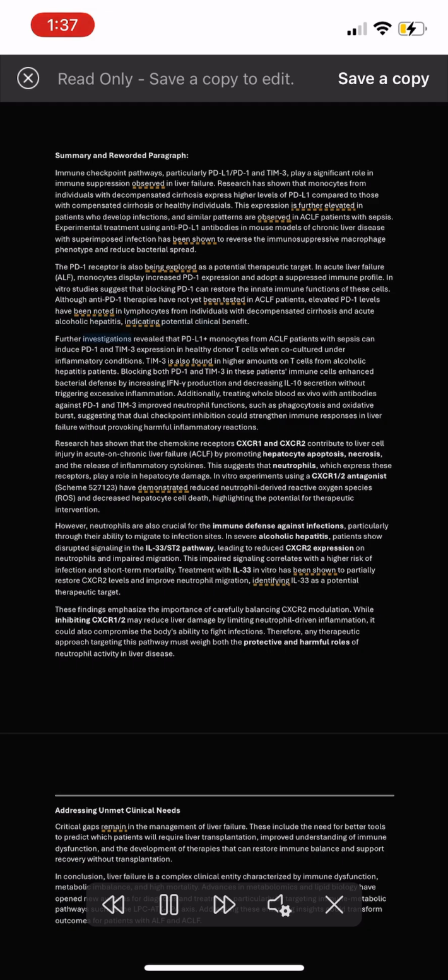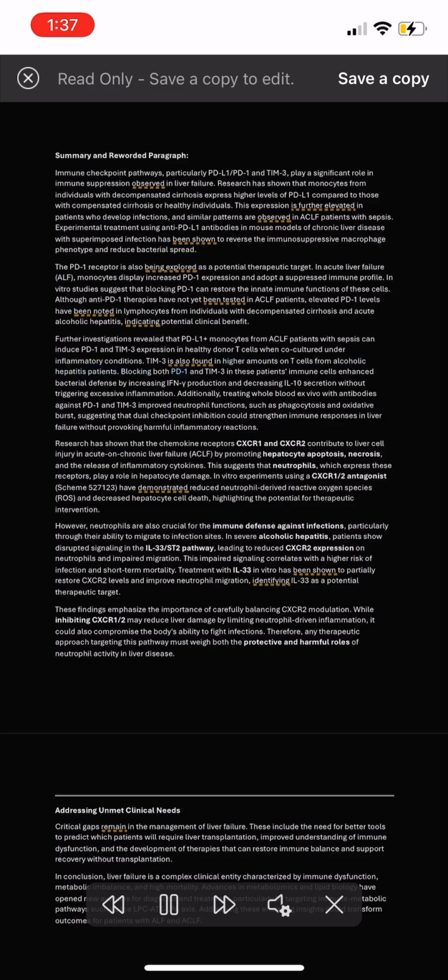Further investigations revealed that PD-L1 plus monocytes from ACLF patients with sepsis can induce PD-1 and TIM3 expression in healthy donor T cells when co-cultured under inflammatory conditions. TIM3 is also found in higher amounts on T cells from alcoholic hepatitis patients.